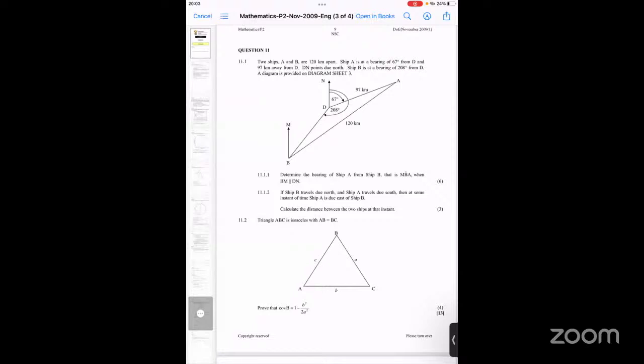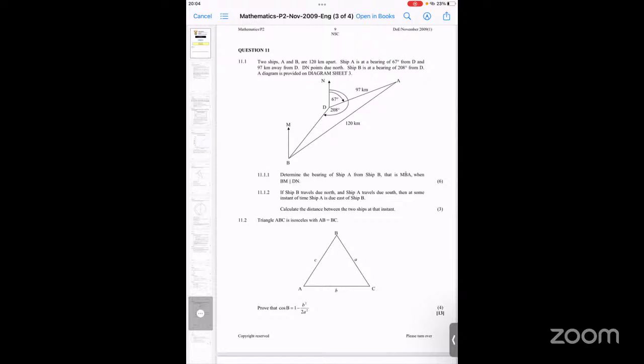Here comes a question. Question number 11, where they say two ships A and B are 120 kilometers apart. Ship A is at a bearing of 67 degrees from B. Ship A is 97 kilometers away from D. DN points true north.